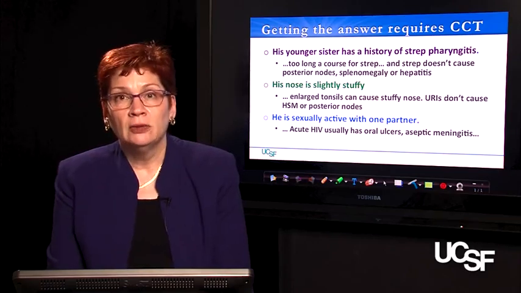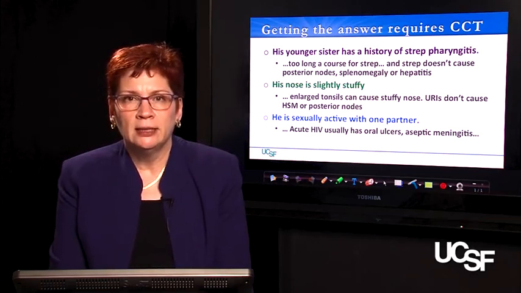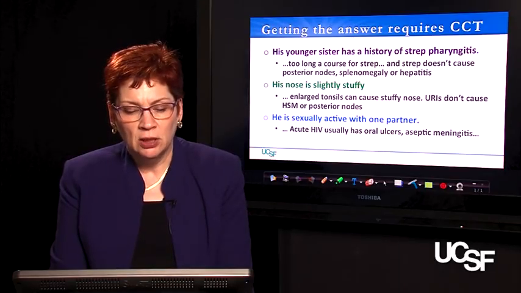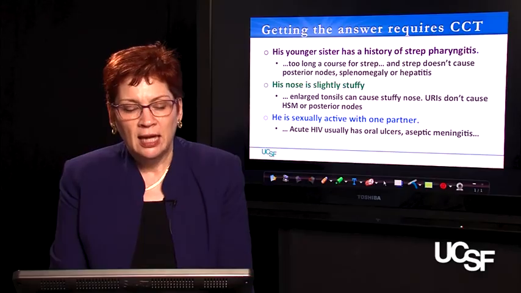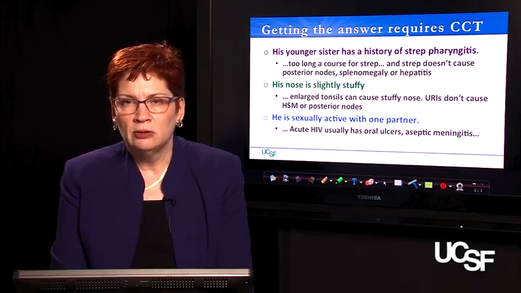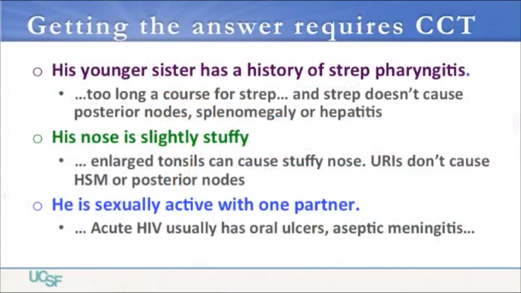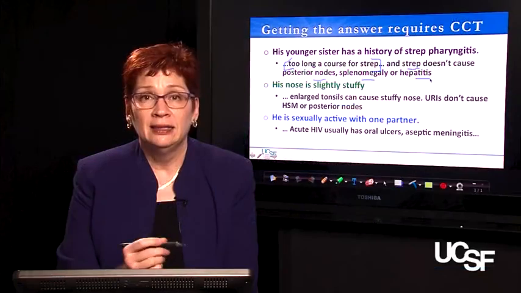So getting the answer right requires that compare and contrast thinking. You were thinking this might be infectious mononucleosis, and then they added this concern that his younger sister has a history of strep pharyngitis. But you know from your reading that this syndrome that he has going on for 10 days is way too long for strep, and strep infection doesn't cause posterior node splenomegaly or hepatitis.